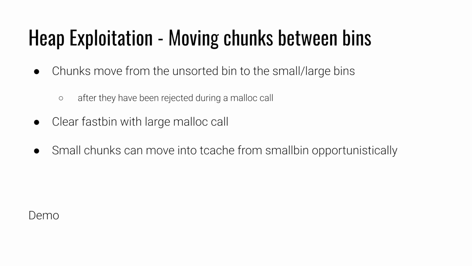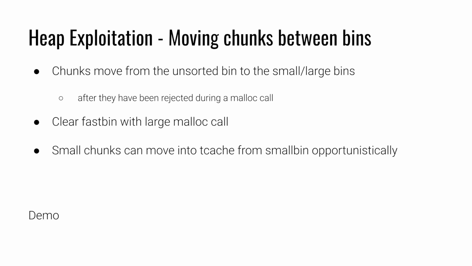The last thing that I'll mention, that I don't think was included in the discussion on the small bin, is that in certain scenarios, the small bin will take advantage of the fact that it is being accessed to load up the tcache.